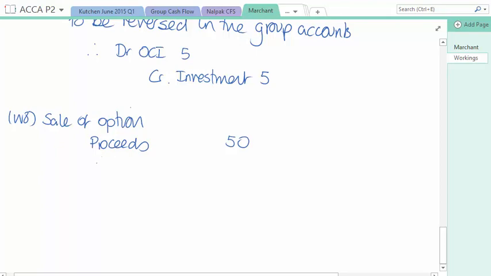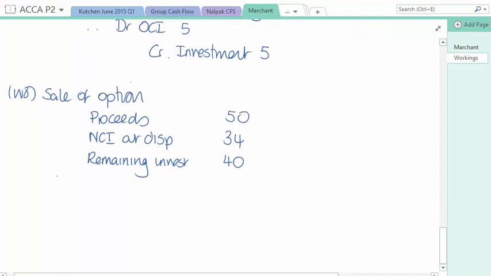We're told in the question that the NCI at disposal is 34. We're also told that the remaining investment was valued at 40. And then we take away the net assets at disposal, and again, the examiner has told us this.